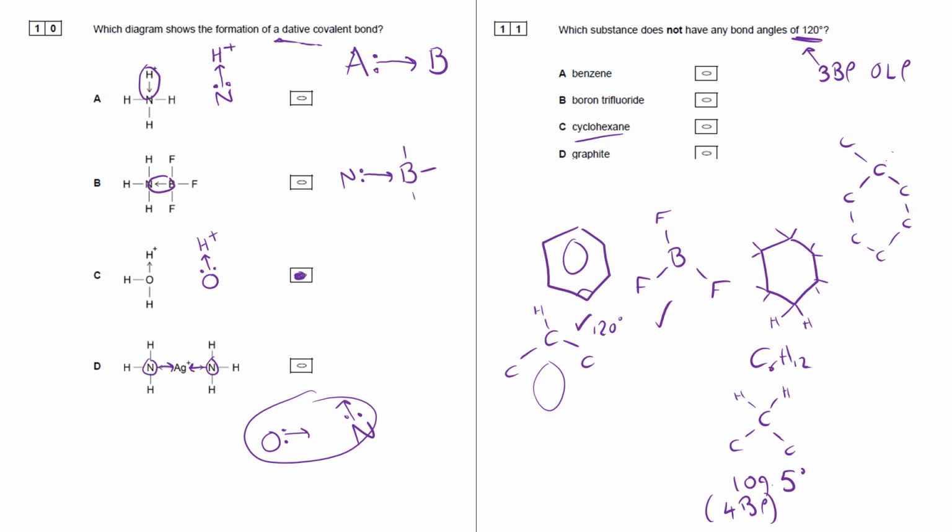So graphite forms 120 degree bond angles as it forms these hexagonal layers. Again, only 3 bonding pairs, no lone pairs, because those electrons become delocalized. So all of the angles around the carbons in graphite would be 120 degrees.